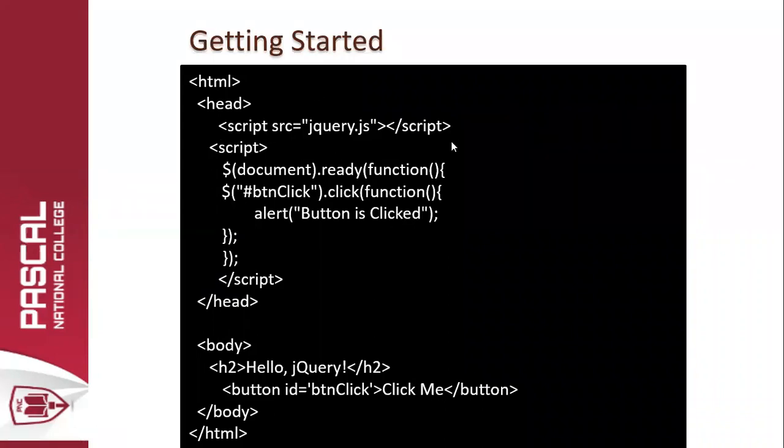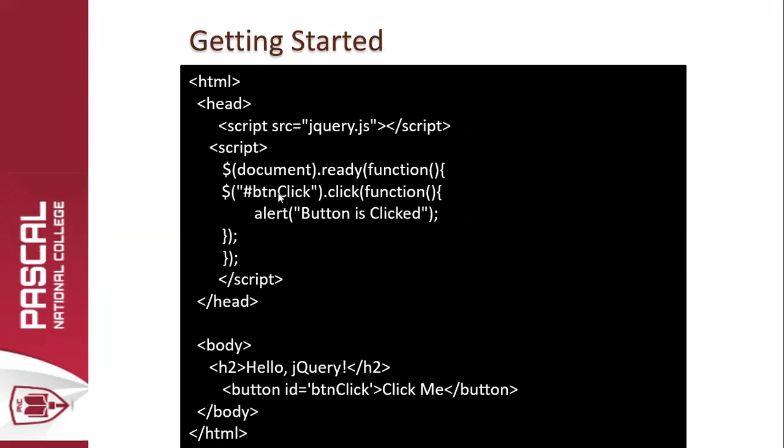Once you include this, you can call any of the functions within this script file. Before you begin, you need to write the dollar, then document.ready function, then the brackets closed, the curly bracket closed, and then the small bracket closed. So this is the syntax.